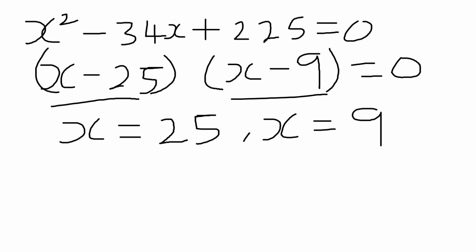And on the other hand, if we put 9 here, we get 0. So our x is either equal to 25 or equal to 9, and that is what we are looking for.